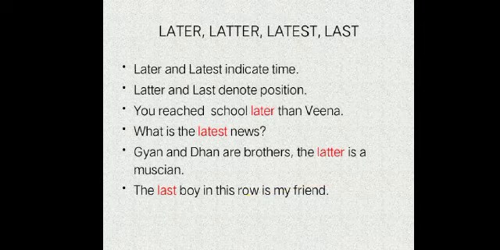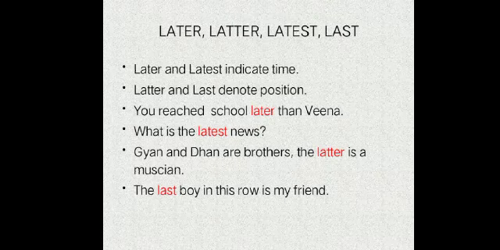Now come to later, latter, latest and last. Later and latest indicate time. Latter and last denote position. How is it? You reached school later than Veena. What is the latest news?